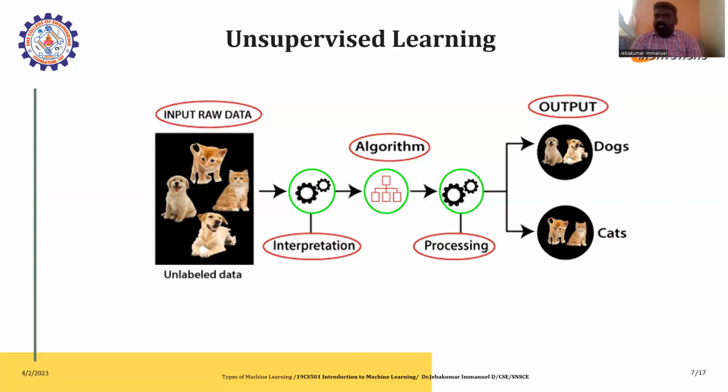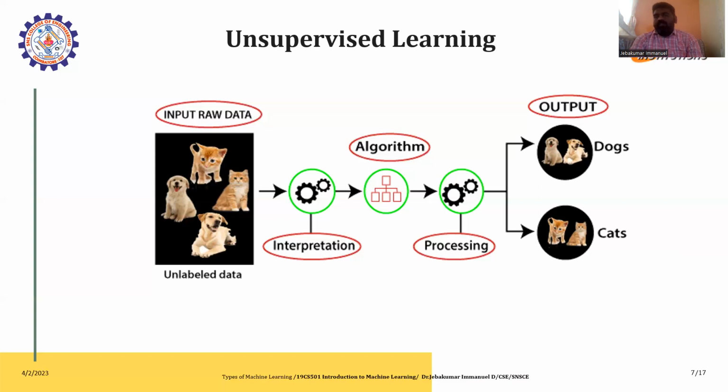After that, the particular algorithm is applied to the interpreted data. The data is processed with unsupervised learning algorithms, which provide the categorization, classification or clustering. It clearly clusters: one group is dogs, another group is cats.